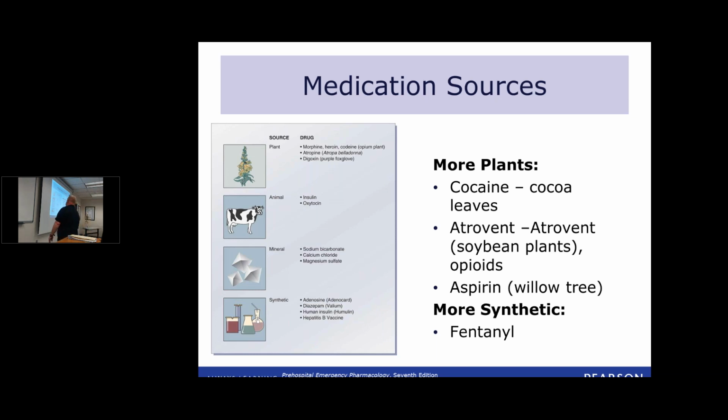Synthetic: adenosine, Valium, insulin, hepatitis B. You don't need to remember these, don't freak. Much more than in times past, most of the drugs these days come from synthetic settings. A good example of that is fentanyl.